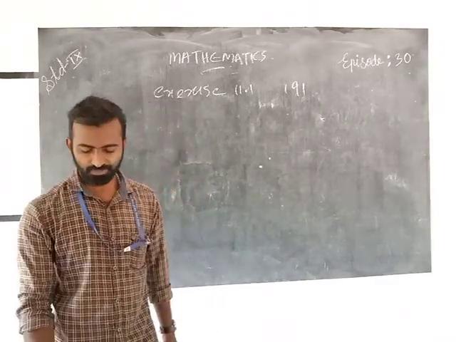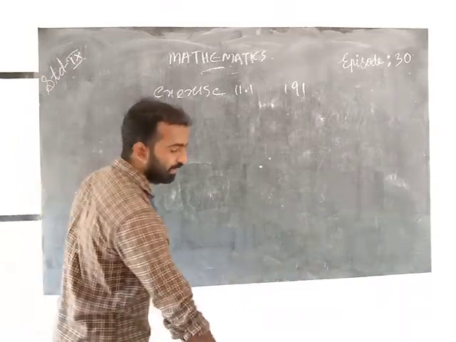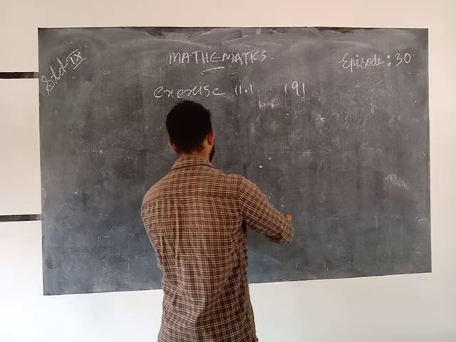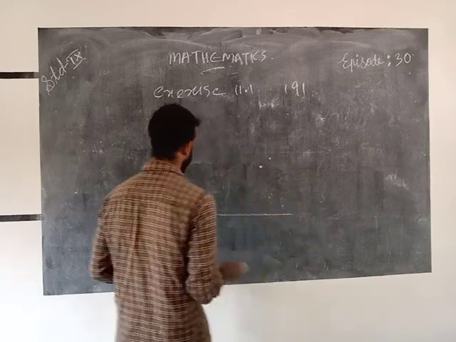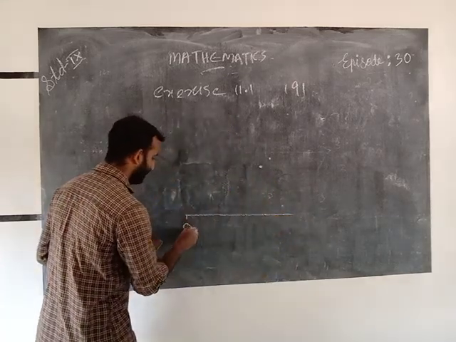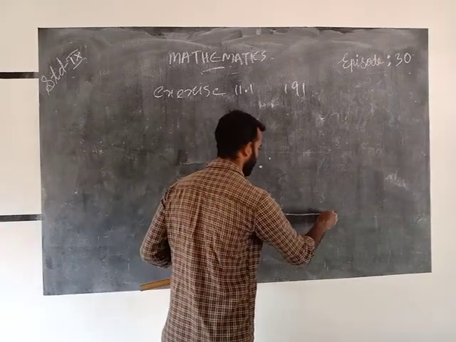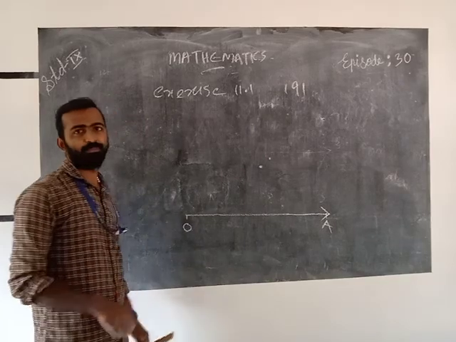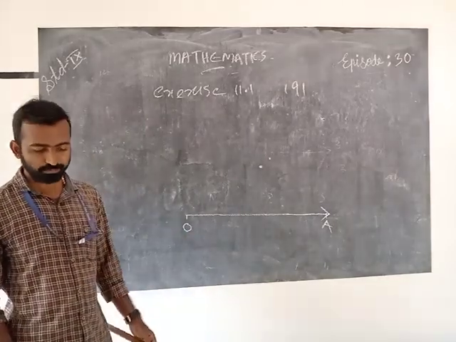First we draw a line. This is O, and this is a ray, not a line segment.